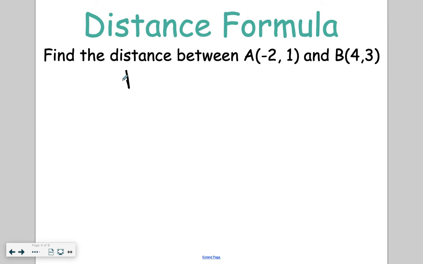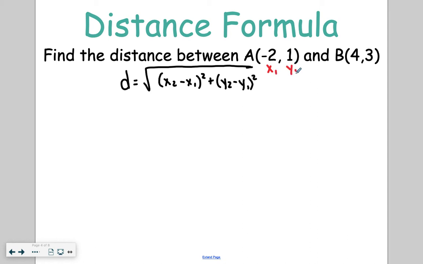So again, distance is equal to the square root of (x2 minus x1) squared plus (y2 minus y1) squared. So the first thing you're going to want to do is label your points. So we've got the first x is x1 and the first y is y1. And then we've got the second x is x2 and the second y is y2.